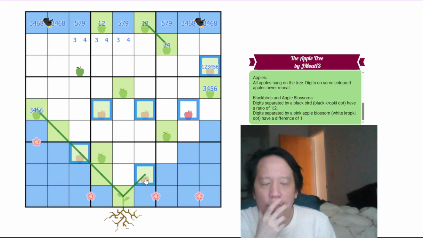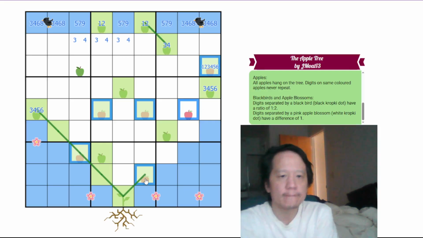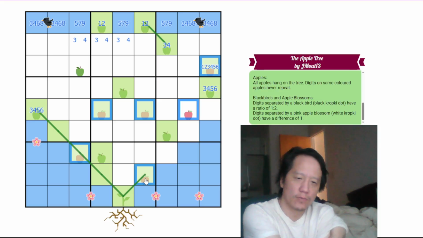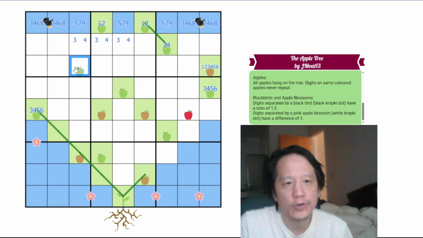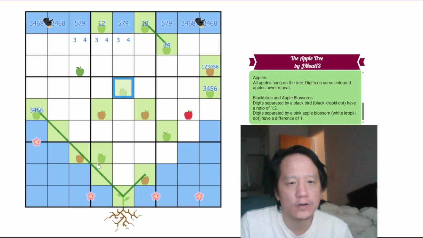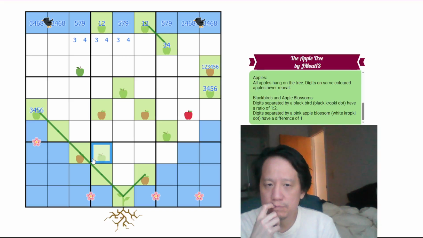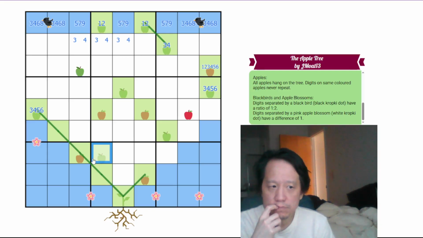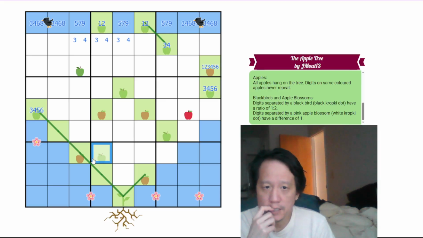Okay. So we have a unique digit from 3 through 9 here.